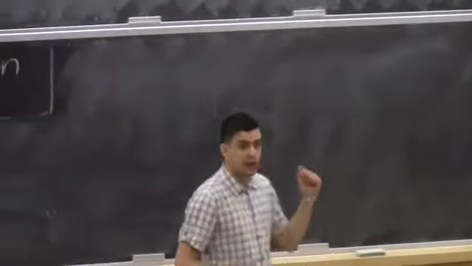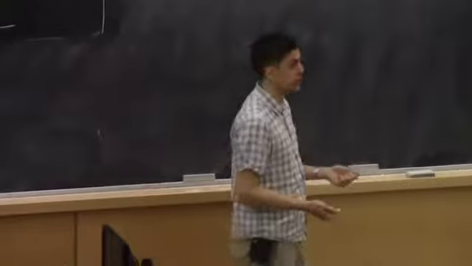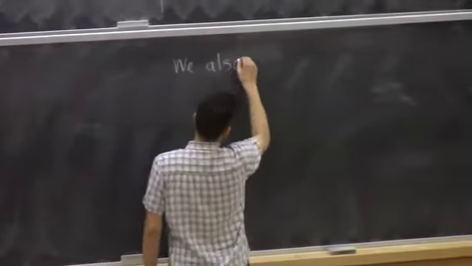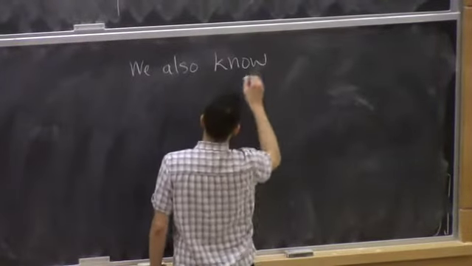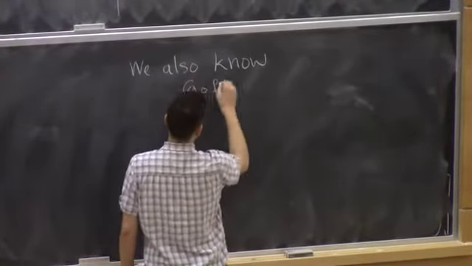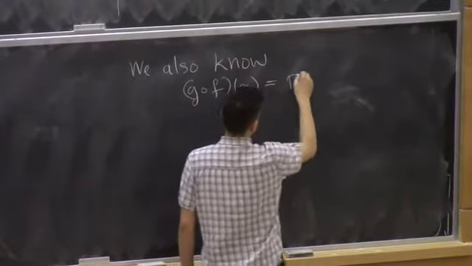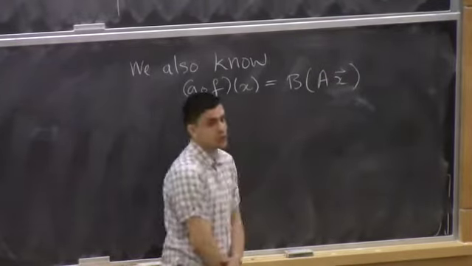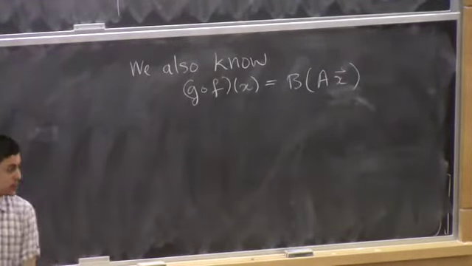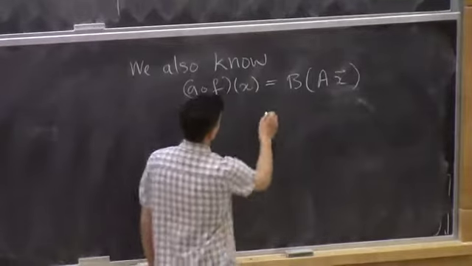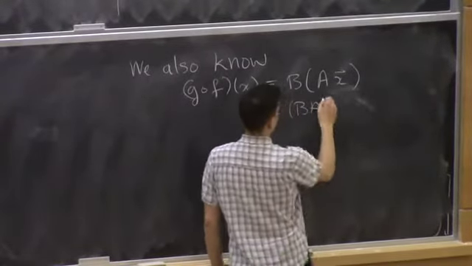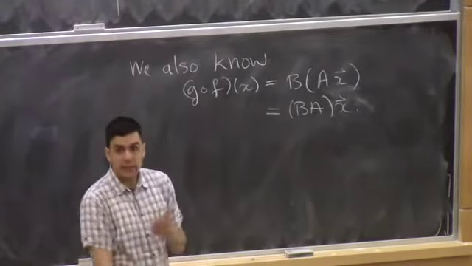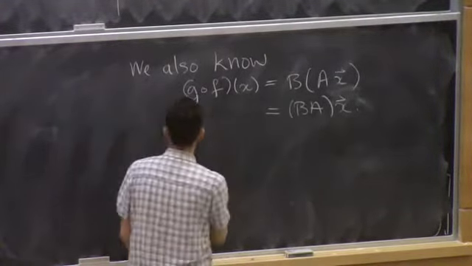So we have the total derivatives of the parts, and we also know how to get the composition. This composition is again a linear map.